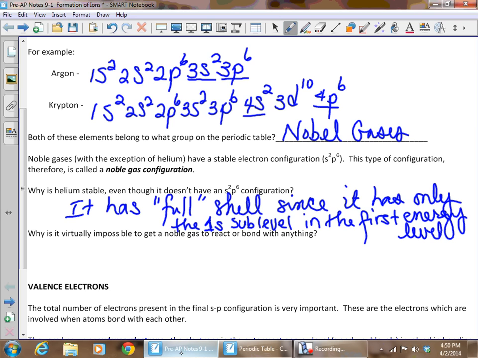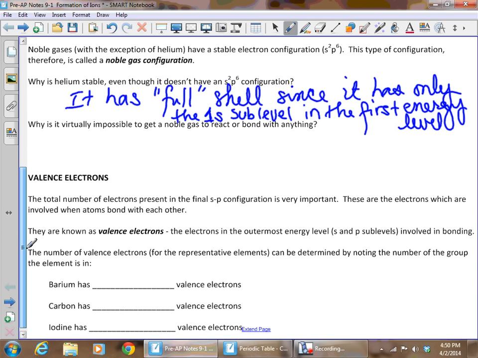So as we said before on this next question, why is it virtually impossible to get a noble gas to react or bond with anything? That's because it already has an electron configuration that is low energy, a full electron shell. It has no driving force to bond with anything.